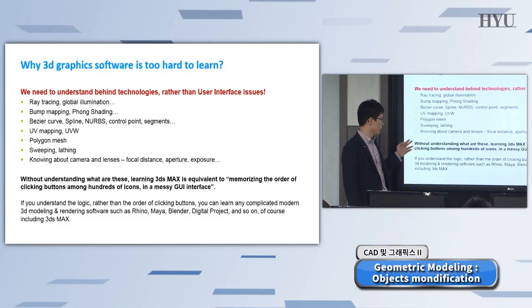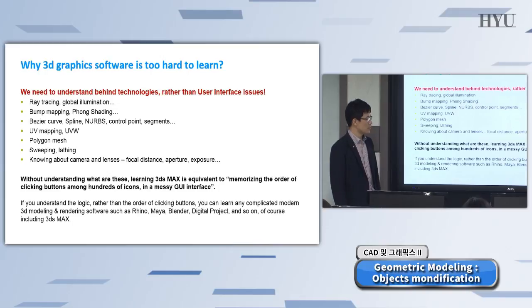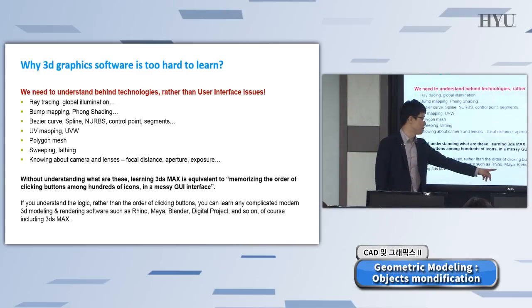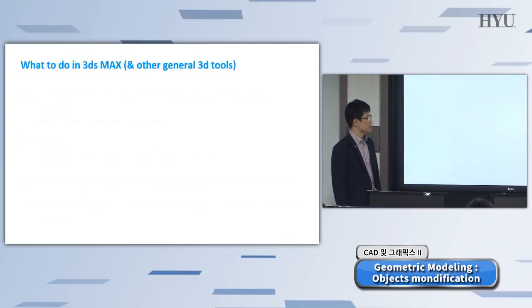It's nothing. If you understand the logic rather than the order of the clicking sequence, you can learn any complicated 3D modeling and rendering software, such as Rhino, Maya, Blender, or even BIM tools, Revit, and so on, okay? Including 3D Max. That's my point, okay?